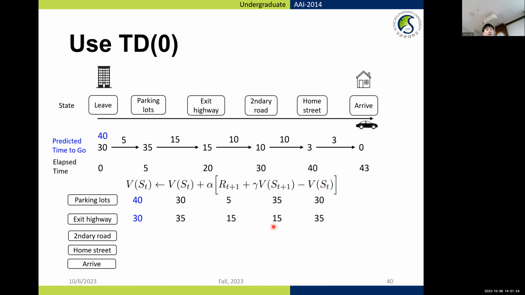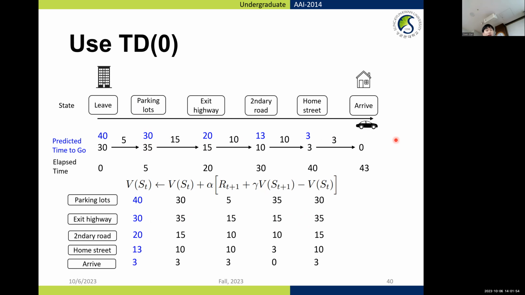which is the actual experience, right? From the agent. We add them together minus the previous state is the TD error. Then we update the previous state. We add them to the previous state, which is 30. So we update our estimate to 30. We continue this process. We can gradually update our estimate, which is 13, 3.